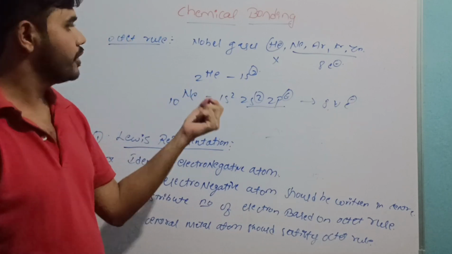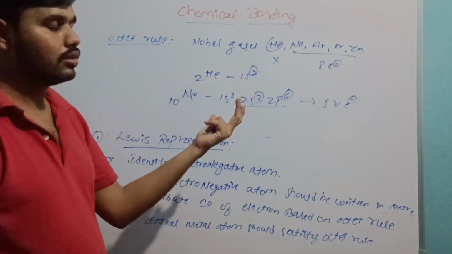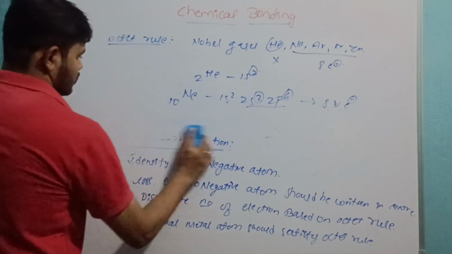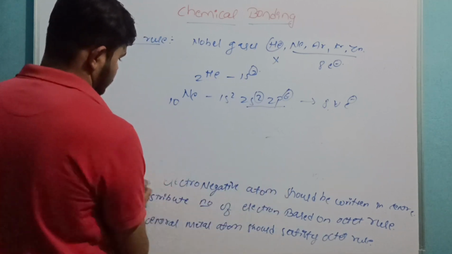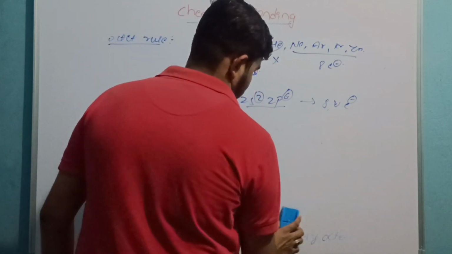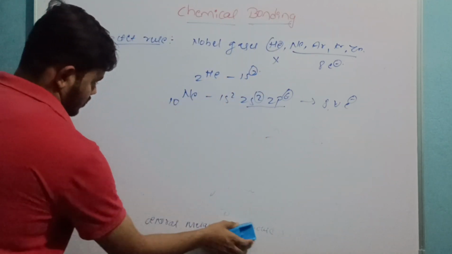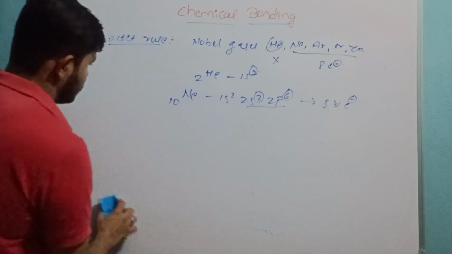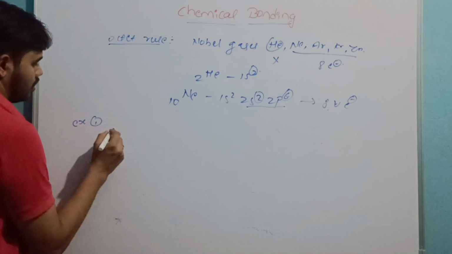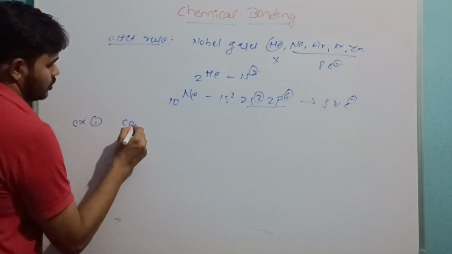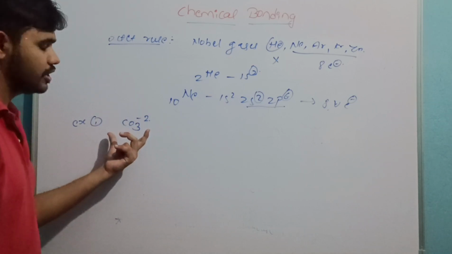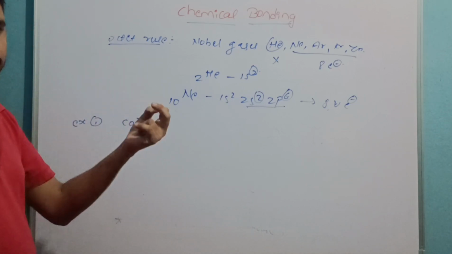Now we are going to see for different elements how the octet rule is applied. For example 1, CO3 2 minus. We are going to represent this molecule in Lewis form.